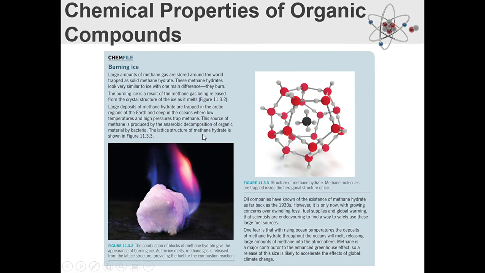Here we have a little bit of a chem file about burning ice. Now, one of the things is water molecules bond very, very strongly, but they also bond kind of weirdly. It's the fact that you can actually store things inside ice. Basically, when it comes to global warming, we are going to hit a point where the ice starts to melt.